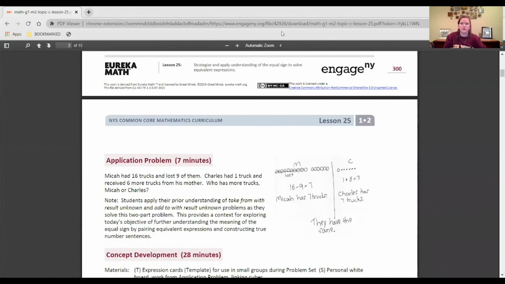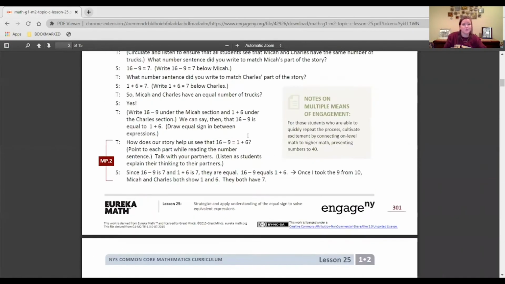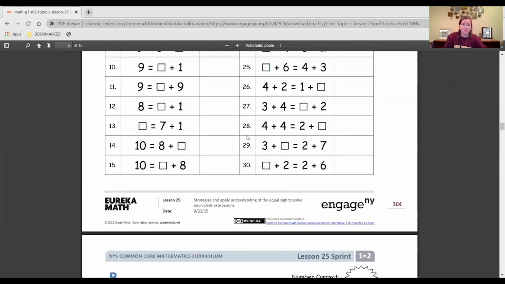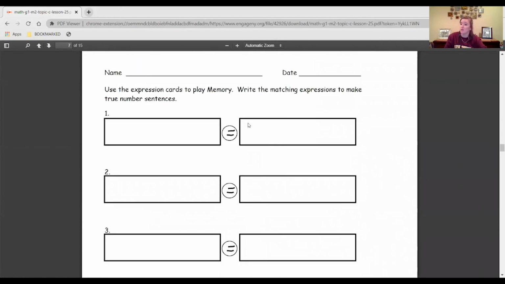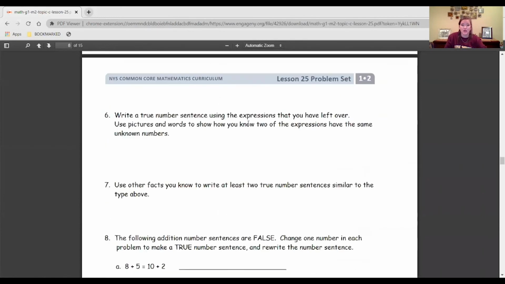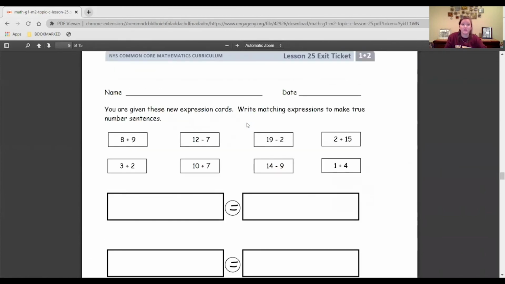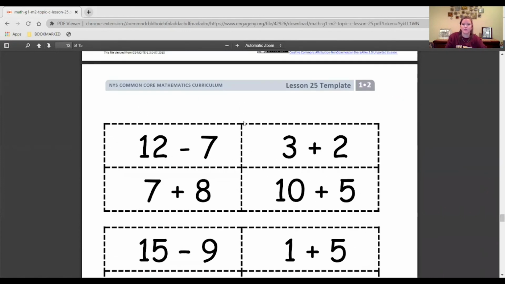This is where you're going to find our whole lesson for today, our fluency practice, our problems, and if you go all the way down to the bottom, you have your math sprints, and here's where you can practice equivalent problems, and some more word problems, and you can even make these flashcards right down here. Cut them out or just write them down, whatever you gotta do.